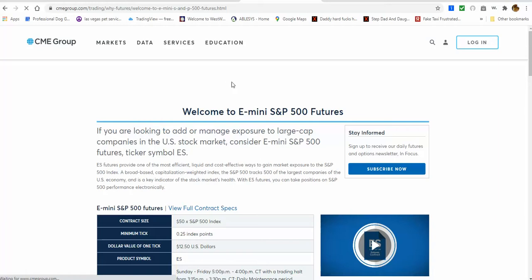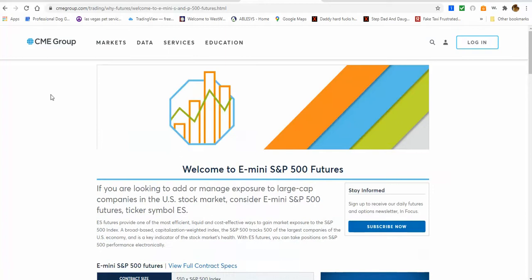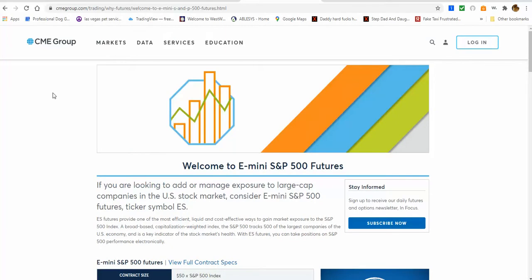Same goes for any other futures contracts. Now, CME Group is strictly futures. It has nothing to do with the stock market. It's totally separate.